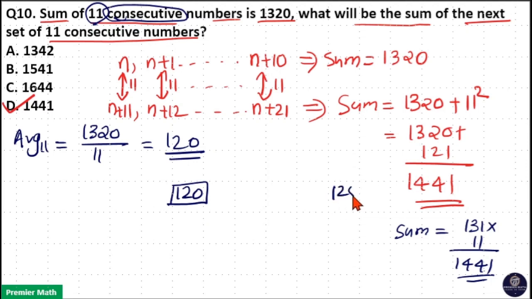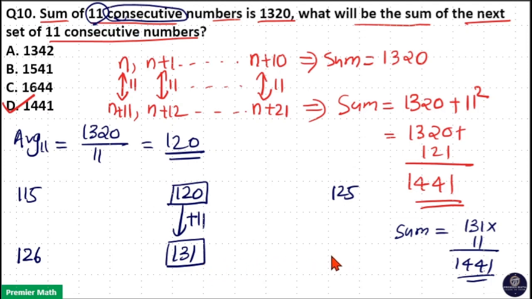So if I explain it more, in the first series 120 is the middle number, that is 120 plus 5, 125 is the 11th number, and 120 minus 5, 115 is the first number. If first series ends with 125, then next series starts with 126. Now middle number of the second series will be 126 plus 5, 131. That's why I said 120 plus 11, 131 is the average of next set of 11 numbers.